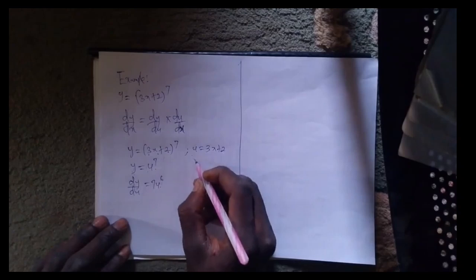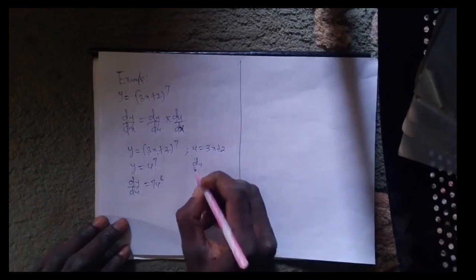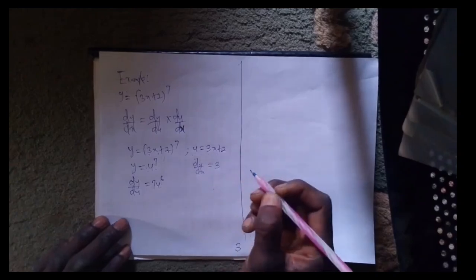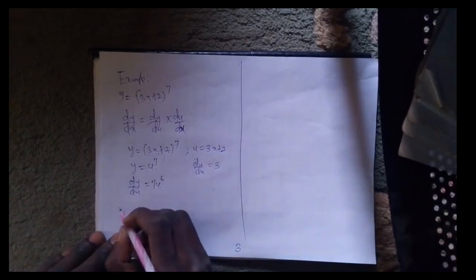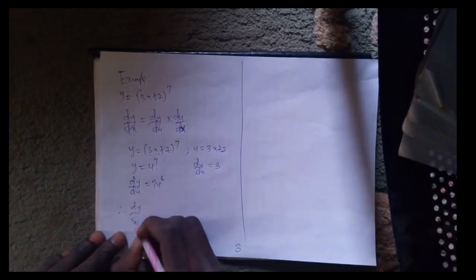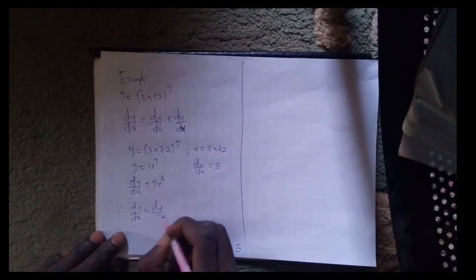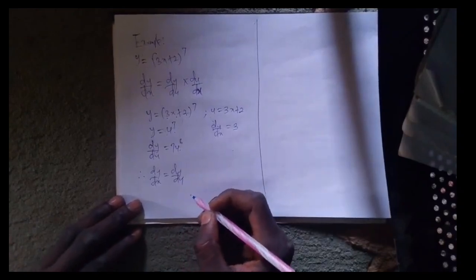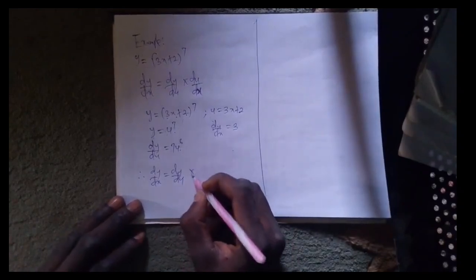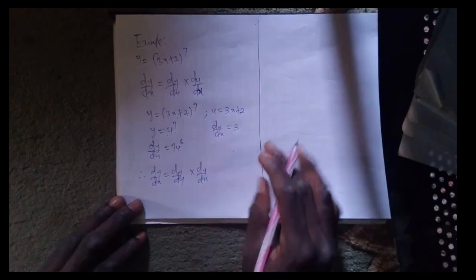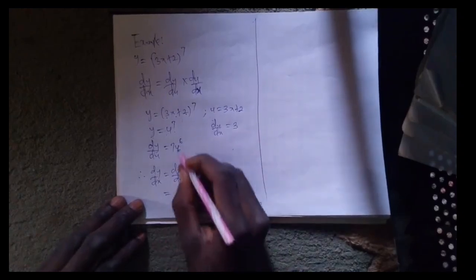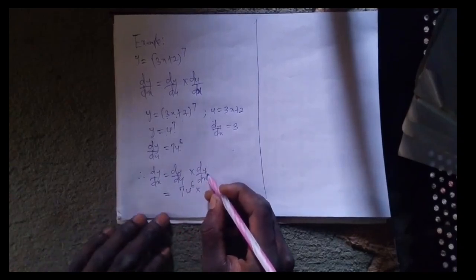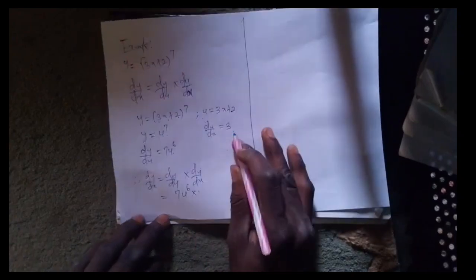And du dx is equal to 3, right? Therefore, dy dx is equal to dy du times du dx. So dy du is 7u power 6 times du dx, which is 3.